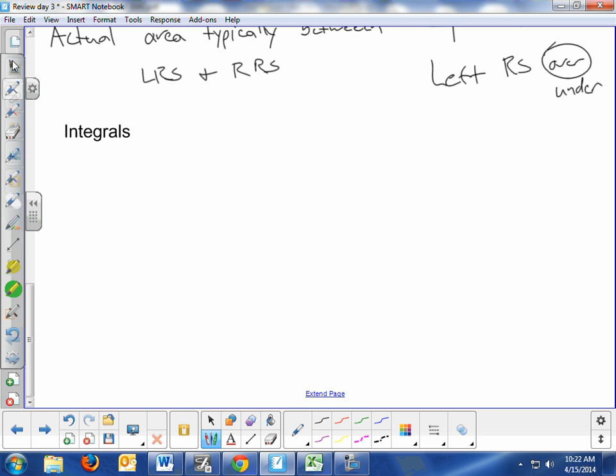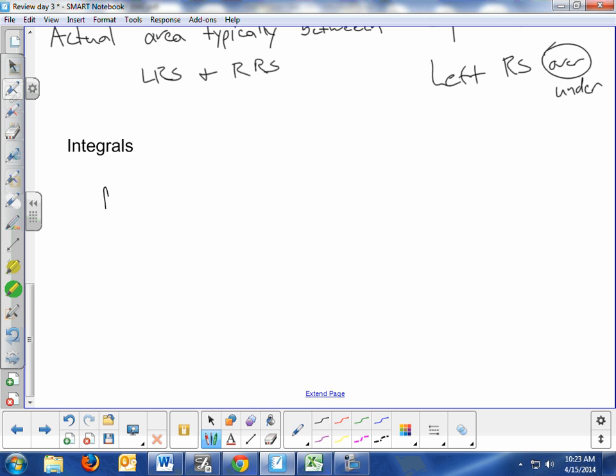Great. Well, then we talked about doing an infinite amount of rectangles and summing them together. And we came up with a new notation that is used for that infinite sum of an infinite amount of skinny rectangles. And what does that look like, that notation?